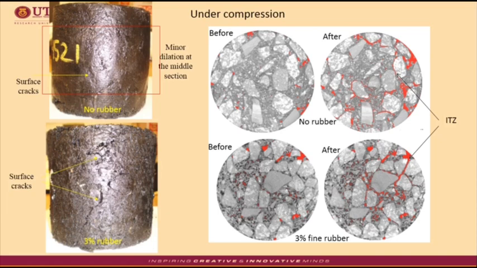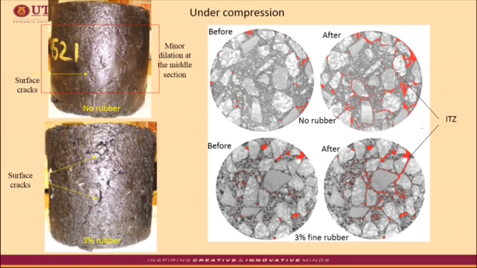This slide compares the conventional asphalt and rubberized asphalt. The photos show the deformed specimen after compression, with minor dilation having occurred in its middle section and cracks evident on its surface. To summarize the findings, major changes in the air voids' properties occurred in the control mixture, indicating that it was more susceptible to compressive damage than the rubberized mixtures.